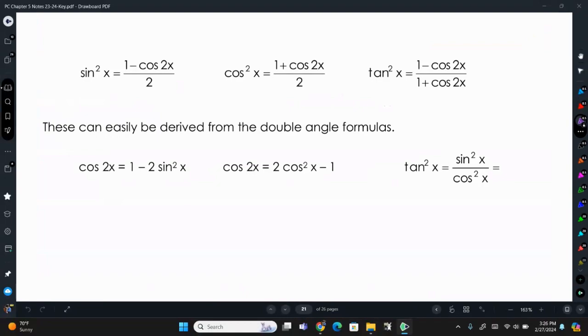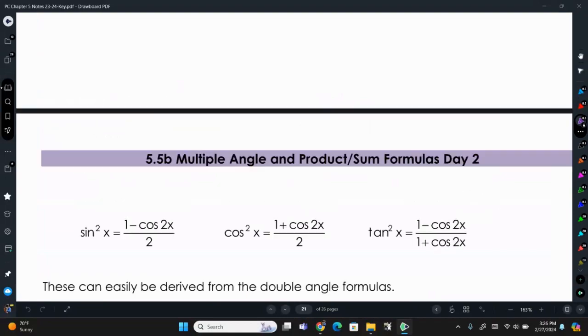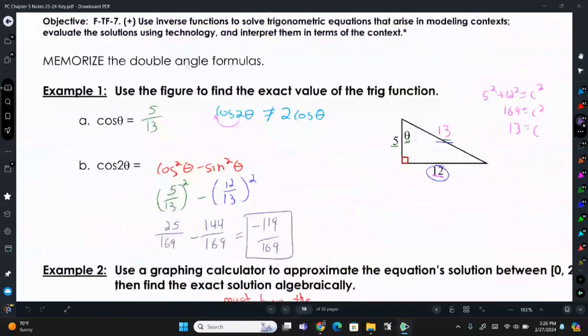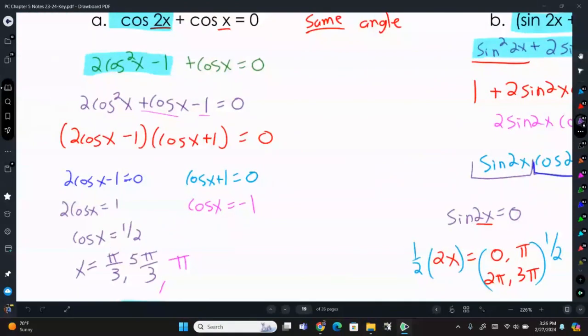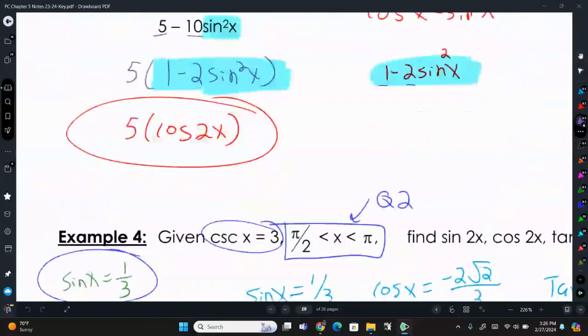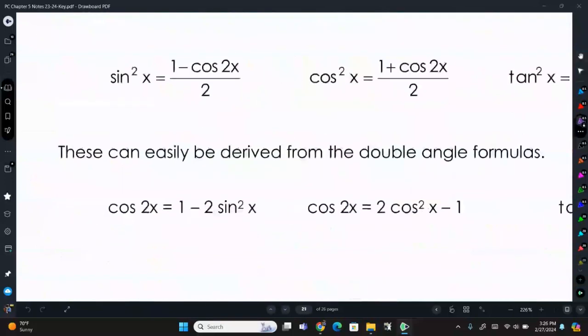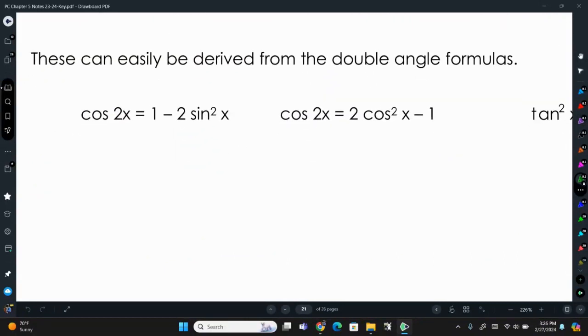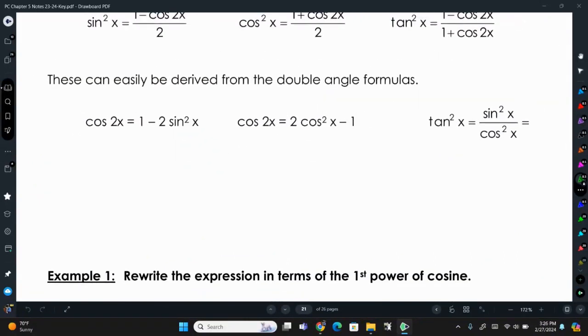They can be derived from the double angle formulas, because remember yesterday the double angle formulas had a squared in it, like cosine of 2x is equal to 2 cosine squared x minus 1. So using that fact, we're going in the other direction and getting the squared part by itself. So we can derive those from the other formulas.